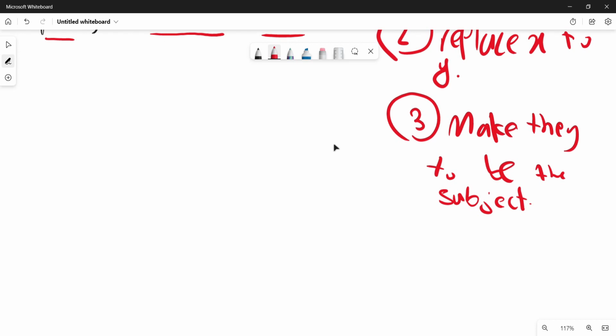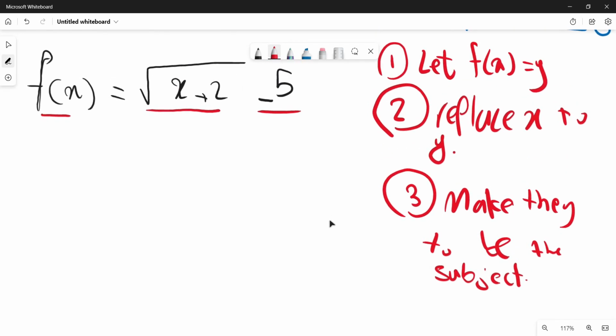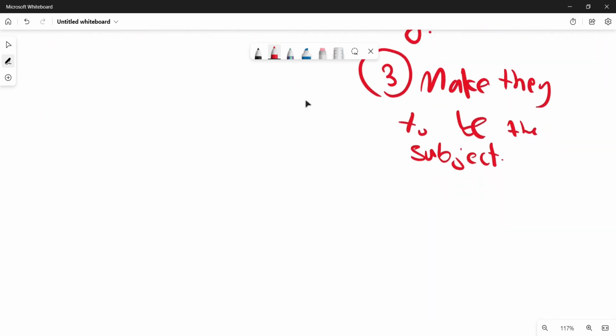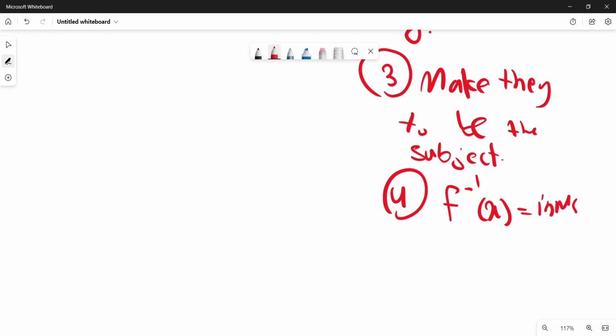And at the end, instead of the y, you need to write back f negative 1 of x, which is the symbol. You can call it the sign, you can call it the notation. It's the notation of the inverse function.